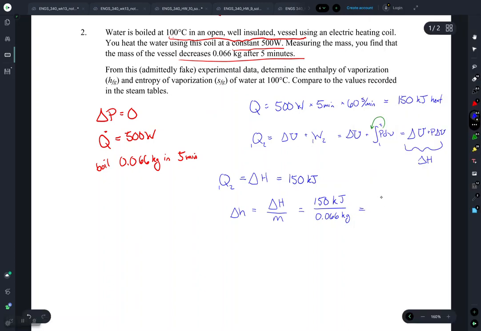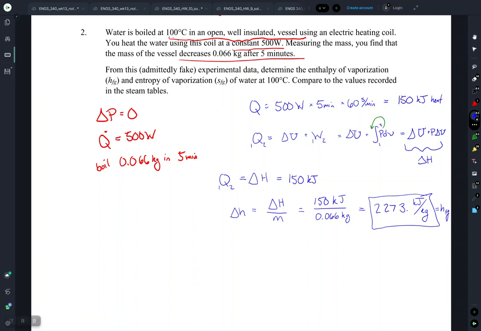So this gives us a change in enthalpy of 2272 or 2273 kilojoules per kilogram. So that gives us h_fg.